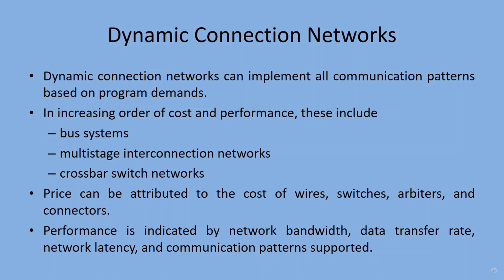It can be done before or during parallel program execution. In increasing order of cost or performance, dynamic connection networks include bus systems, multi-stage interconnection networks, and crossbar switch networks.